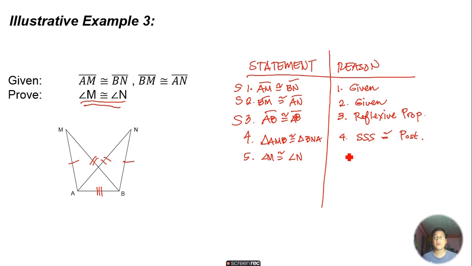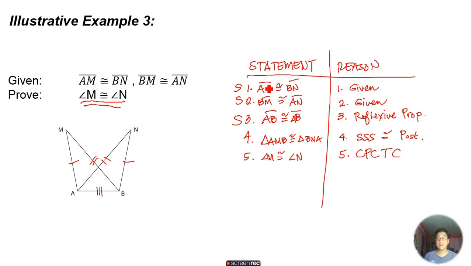Therefore, the reason is CPCTC. What does CPCTC mean? Corresponding parts of congruent triangles are congruent. So, simply CPCTC.